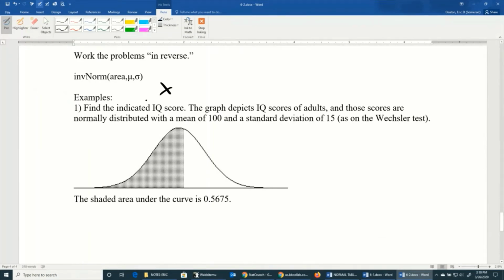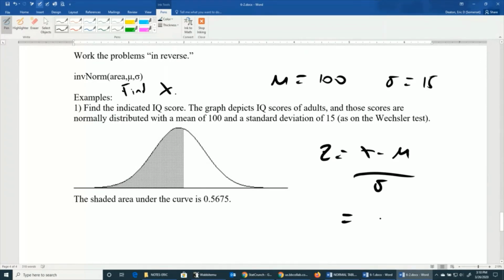So we're looking for X, which is what the IQ score represents. We're given a mean of 100 and a standard deviation of 15. I'm going to use the z-score formula.